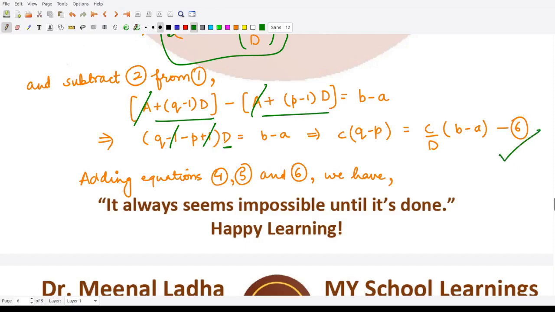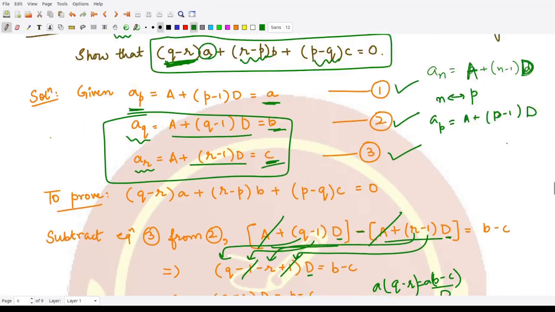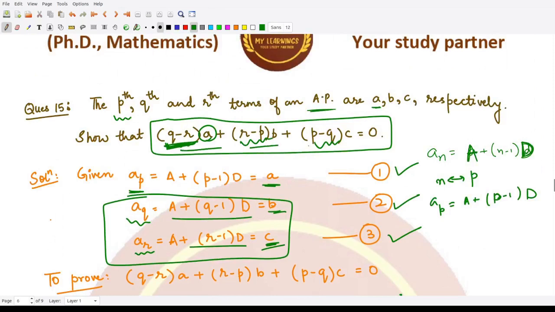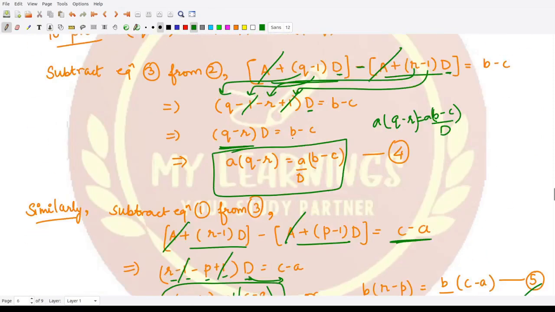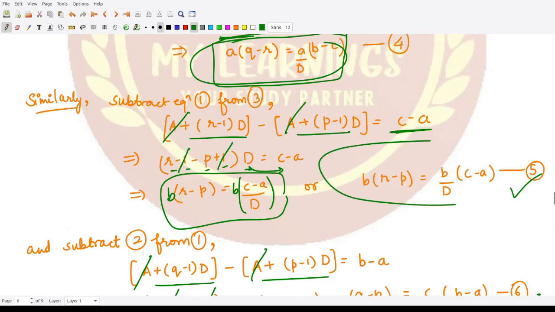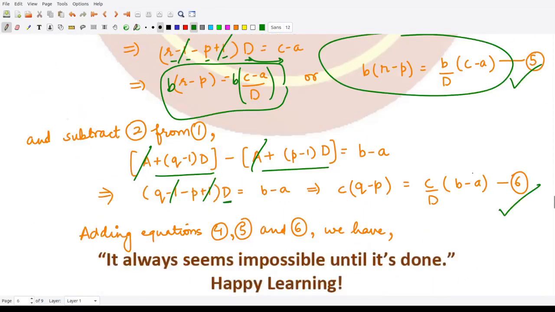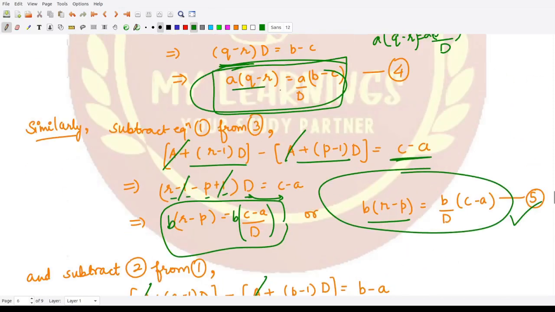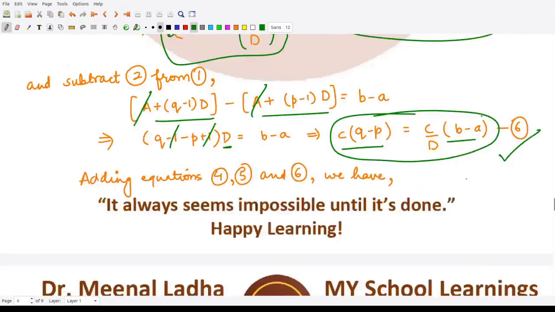Now for the proof, because we wanted to add all these terms, we will add our equation 4, equation 5 and equation 6. Equation 6 is this one. So our left hand side would be exactly equal to what we wanted to prove, and we can see what our right hand side becomes after adding.